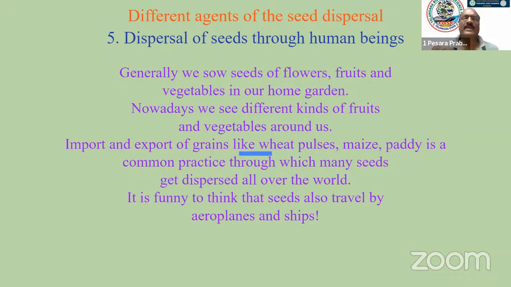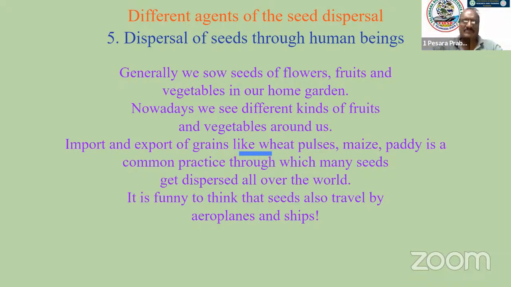Nowadays, we see different kinds of fruits and vegetables around us. Import and export of grains like wheat, pulses, maize, paddy is a common practice through which many seeds get dispersed all over the world. For example, while we are cultivating paddy, mirchi, cotton, sugarcane, tobacco, groundnut, many of these did not originate in India.